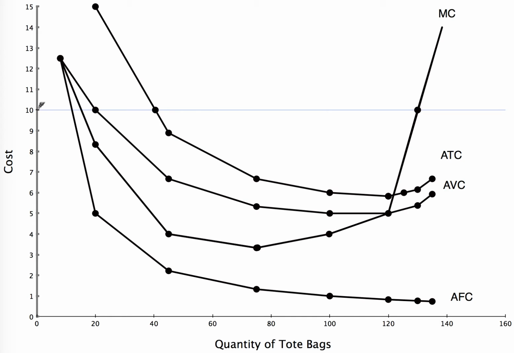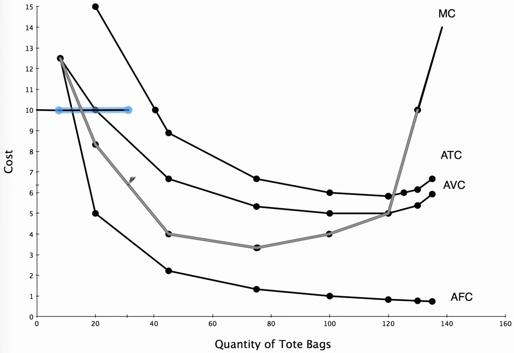Now, suppose that for our tote bag business, the price in the market is $10. So we have to decide how many units we're going to produce at a price of $10. So we would look at, for example, at a price of $10, if we were willing to sell 30 tote bags, we can see the extra benefit of selling one more tote bag is $10.